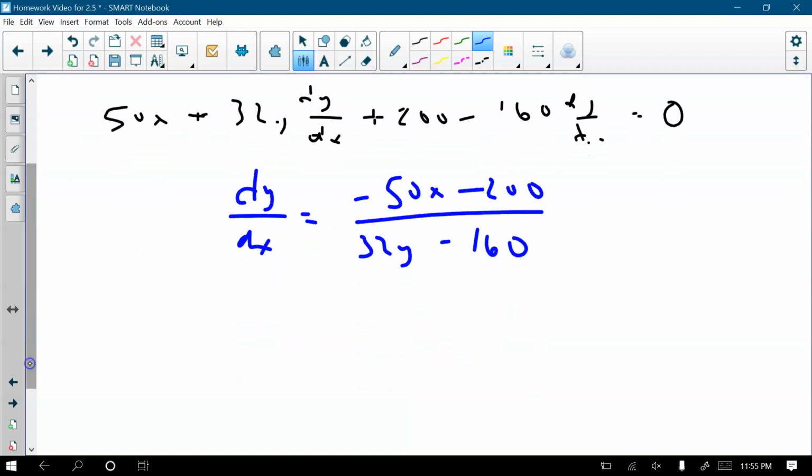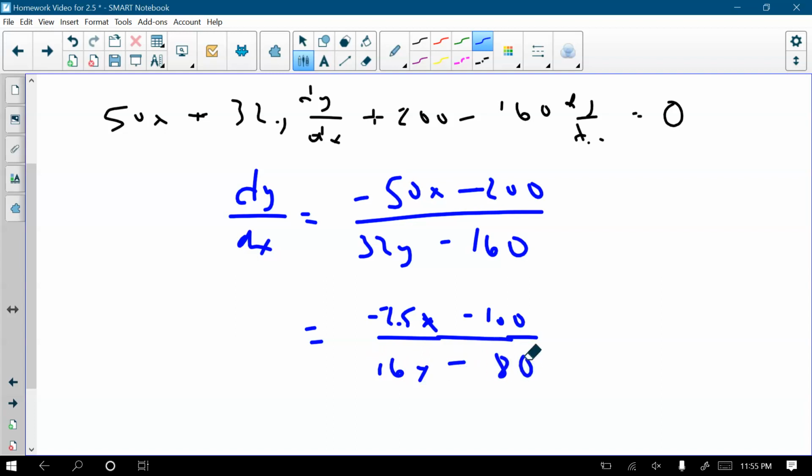And I could, if I wanted to, divide out of everything, so let's just do that because we can. That's negative 25x minus 100 over 16y minus 80.